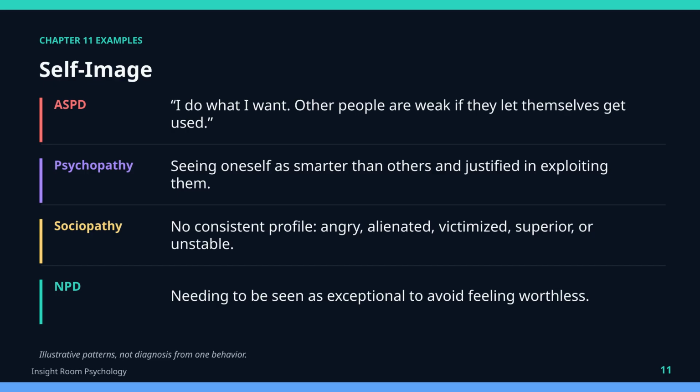Their self-esteem may depend heavily on admiration, achievement, appearance, status, or being associated with important people. This is a key distinction. NPD is often about regulating self-worth. ASPD is more about disregard for others' rights and norms. Psychopathy is more about callous, manipulative, low remorse traits. Sociopathy is not specific enough to define self-image clearly.